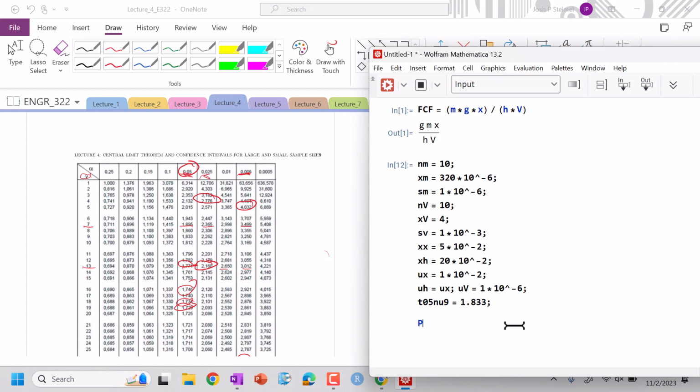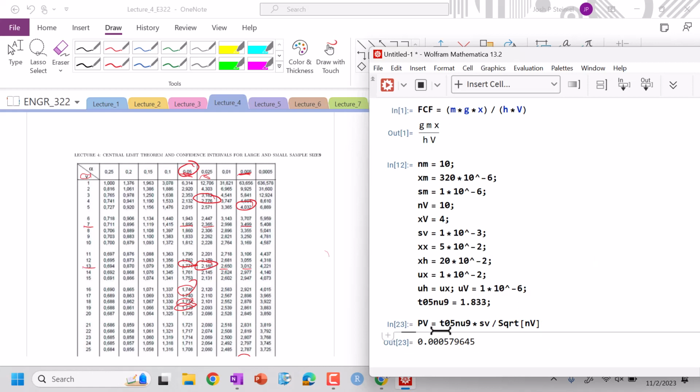Good. So we can have precision in the voltage, which is going to be equal to T.05 nu times standard deviation of voltage, SV, divided by square root of NV.